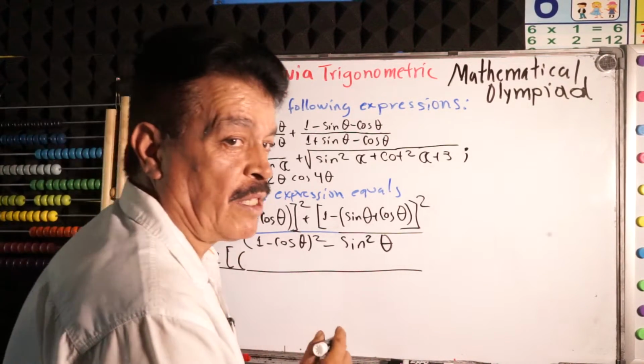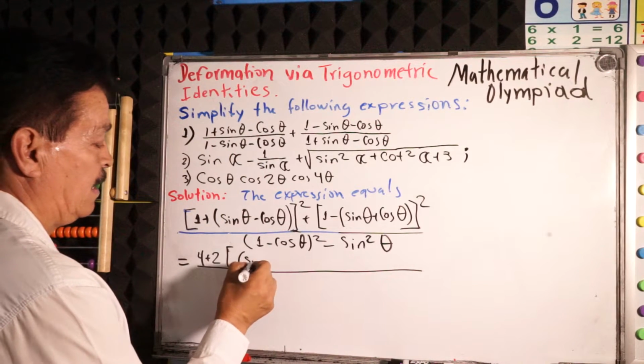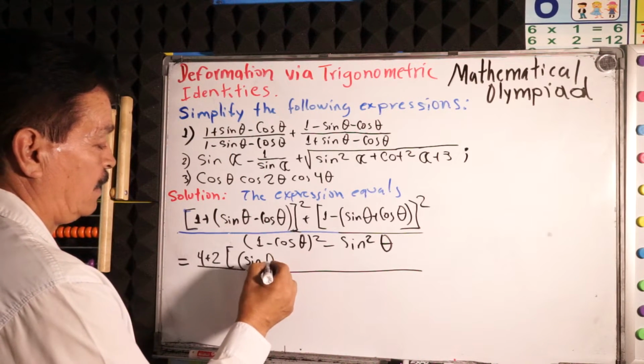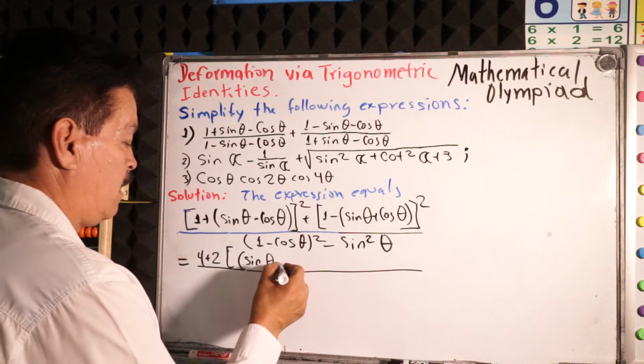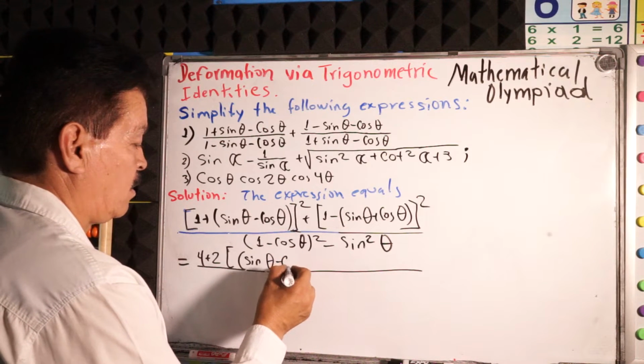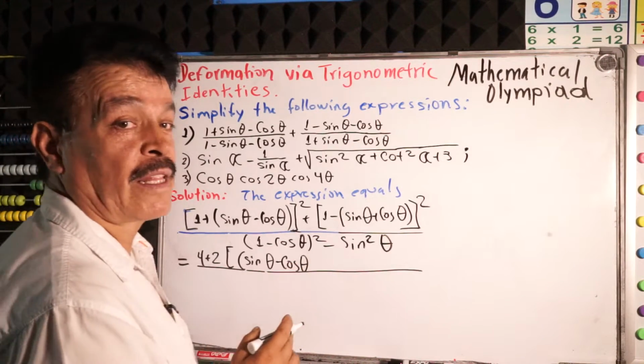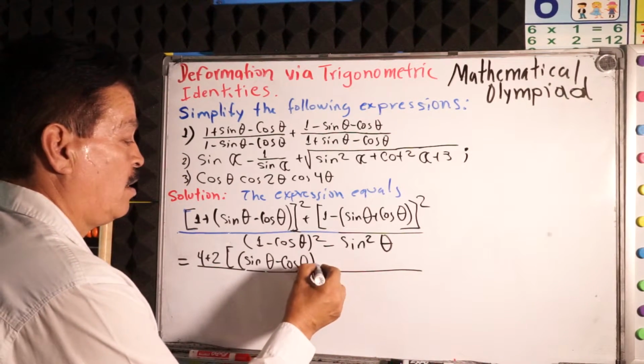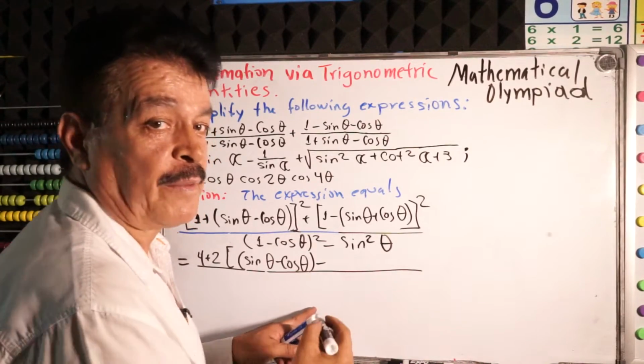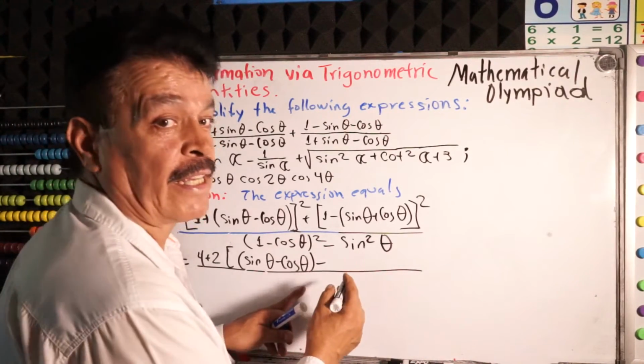Inside we must write sin of this angle minus cosine of the angle we are talking about, minus.